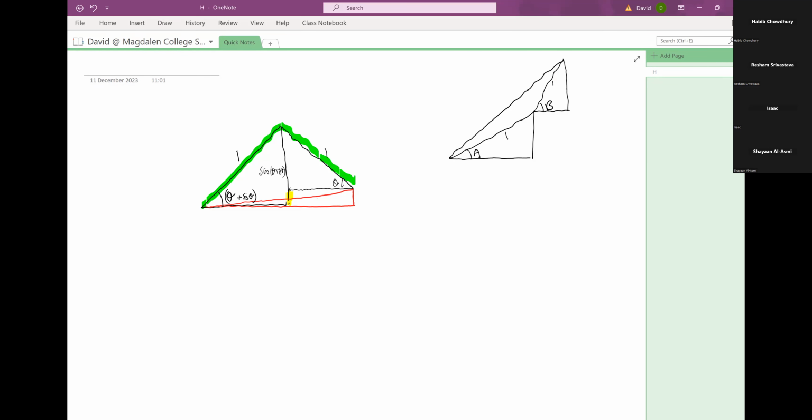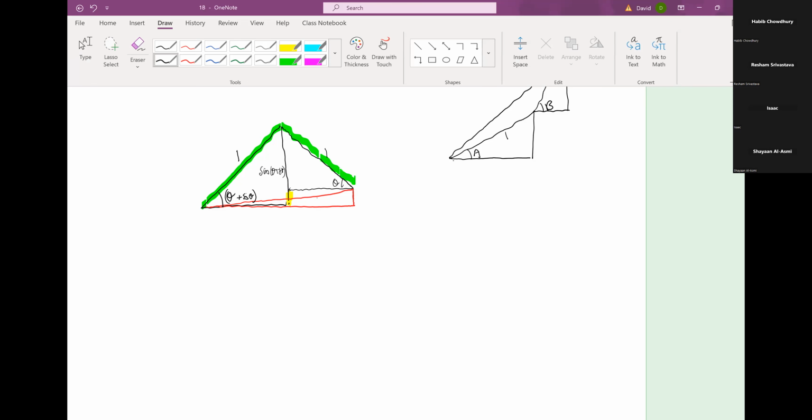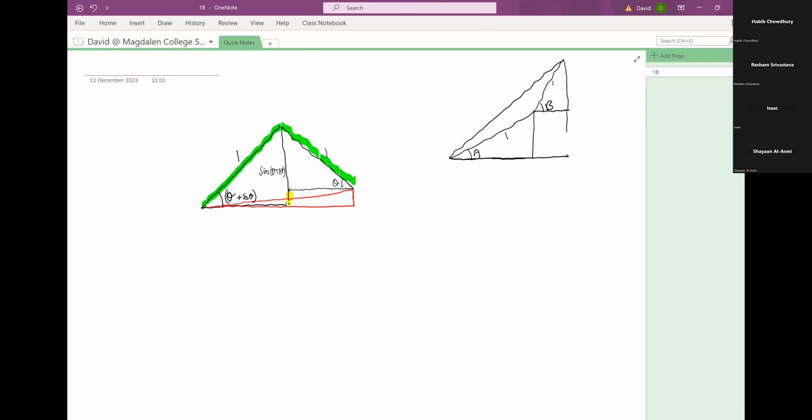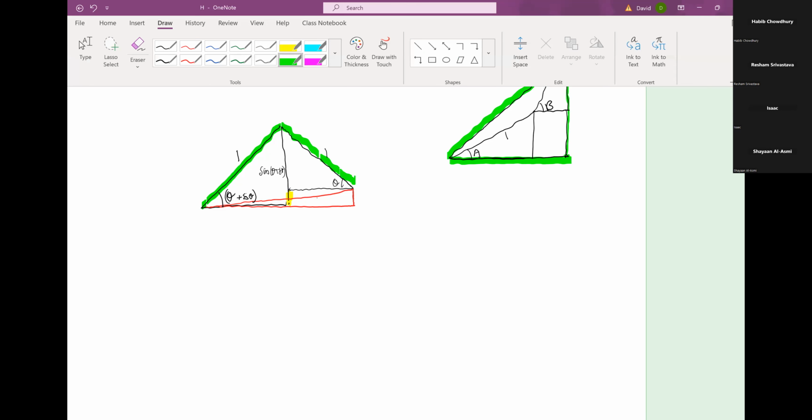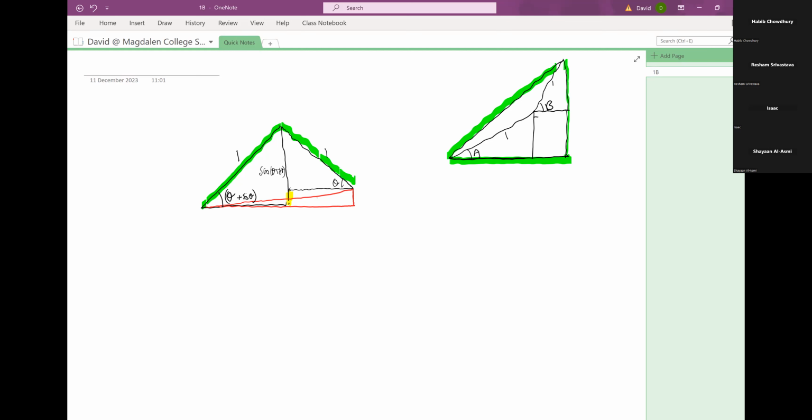I can consider the big right angle triangle that encompasses everything. So this big right angle triangle. Okay. And if I do a little bit of angle chasing here, I get that this angle is 90. This angle is 90 minus a.